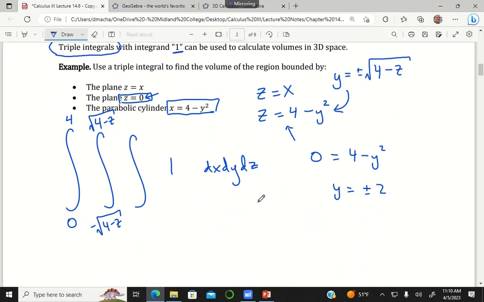Okay, now x, whenever I place the bounds on what my x variable is allowed to be, I can make x a function of y and z, the way I set this up, because I'm going to first take the antiderivative with respect to x, and then y, and then z. And so it's cool if these bounds happen to be a function of y and z, or just y, or just z, if I want to.